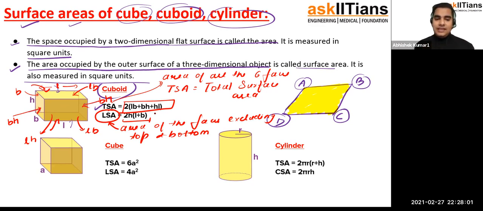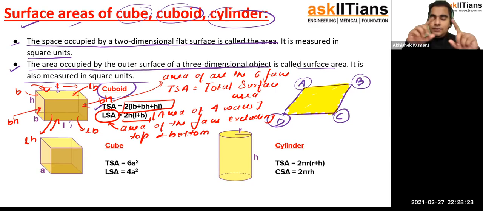So this LSA also gives you the area of four walls, because you will see many problems related to finding the area of four walls of a room. So calculating the area of four walls of a room or calculating the lateral surface area of a cuboid is exactly the same thing. I hope it is very clear to everyone.